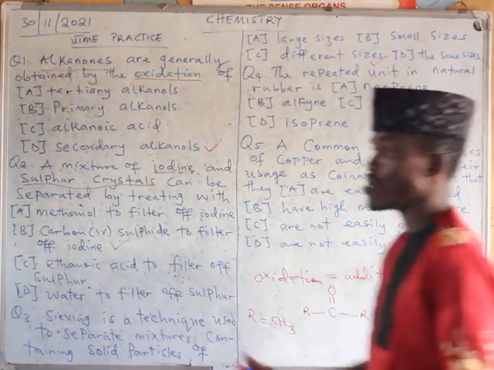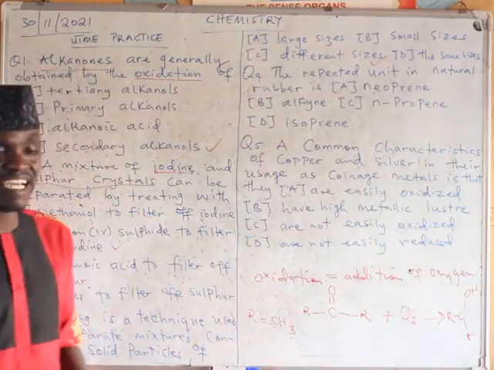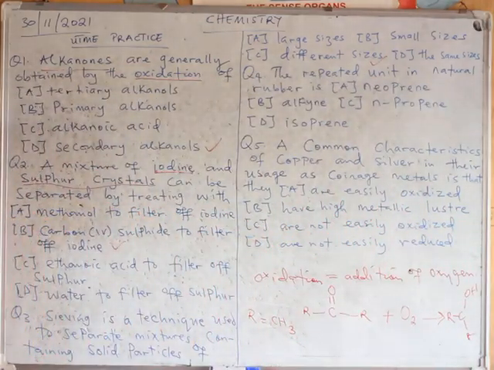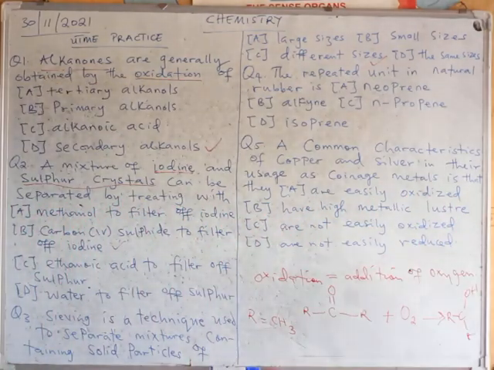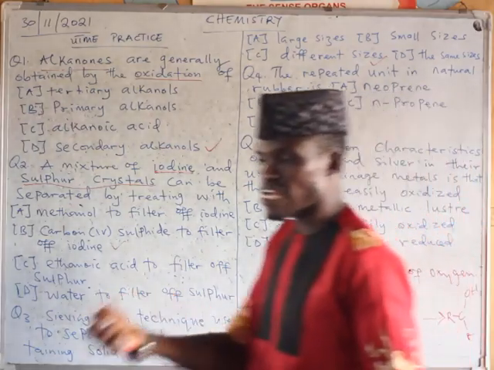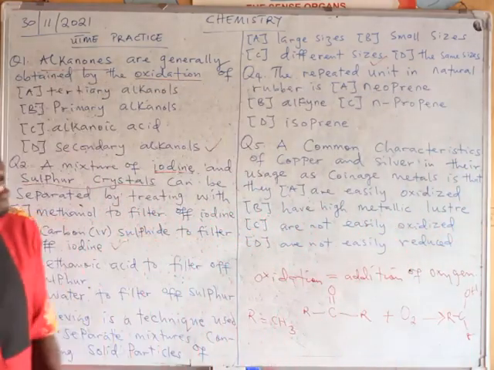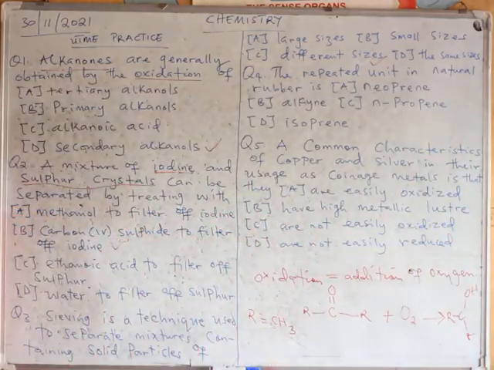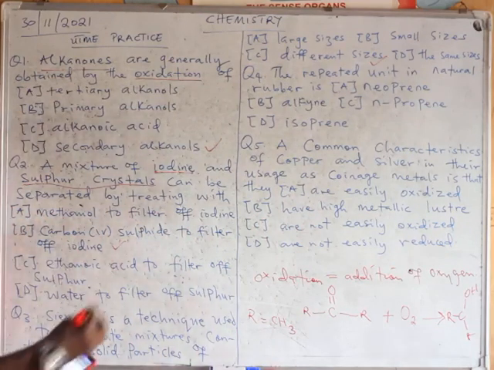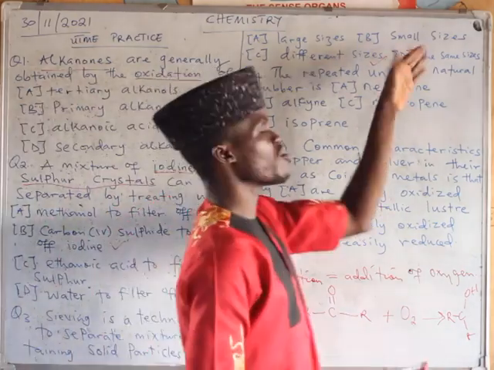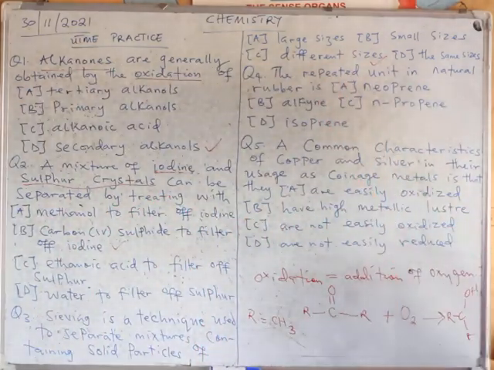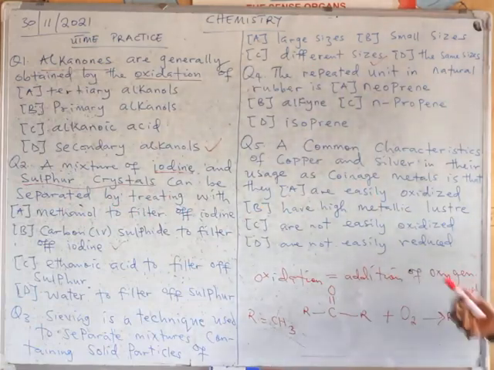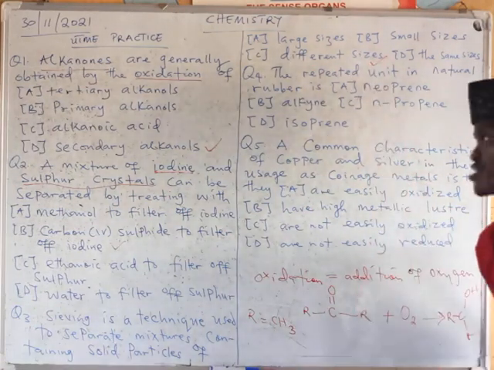For example, if you want to separate sand, or let's say gravel, from rice particles, the size of rice particles and the size of the smaller stones that are present there as mixture are not the same. I hope you understand what we are saying. So in this case, we cannot say small sizes. Rather, we refer to different sizes. Is that okay? As our correct option.